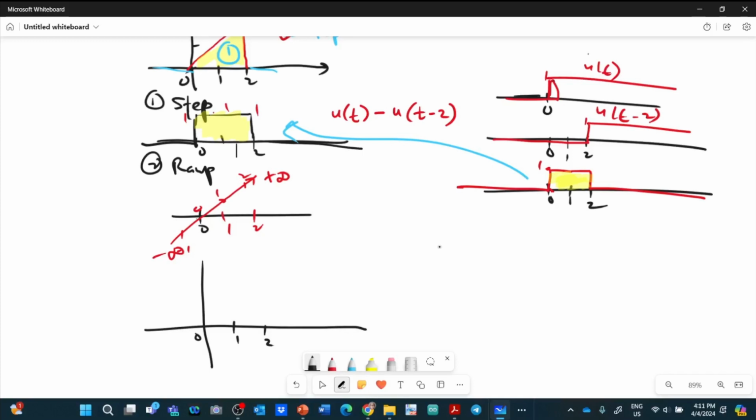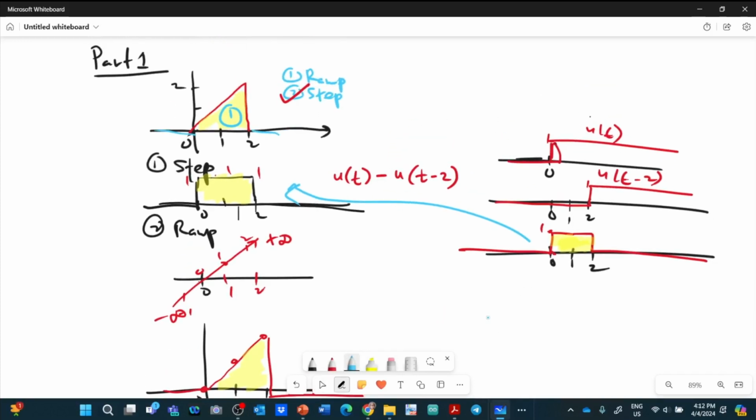So 0 times 0, 0. 1 times 1, 1. 2 times 1, 2. And the rest will be 0 lah. Okay. So did you get the original signal? Yes. This one, kita just nak prove tadi, betul ke tak? Okay, that combination of step and ramp, you dapat the first segment.